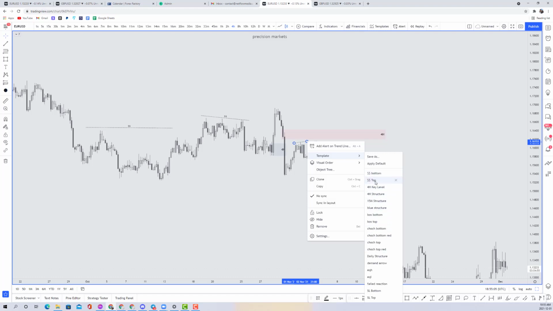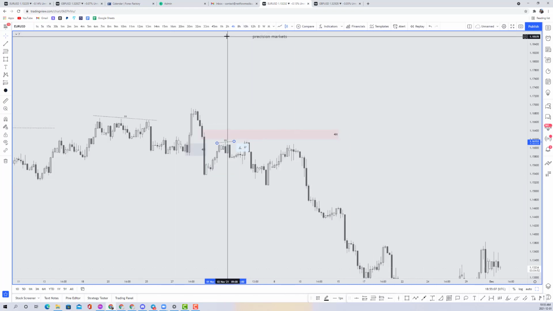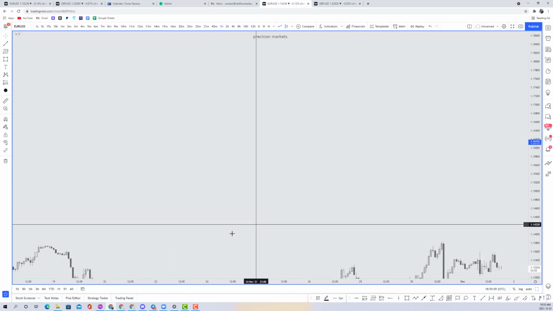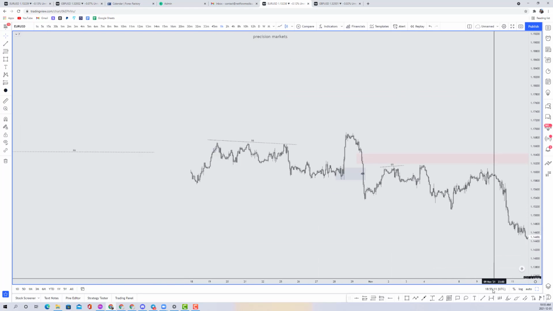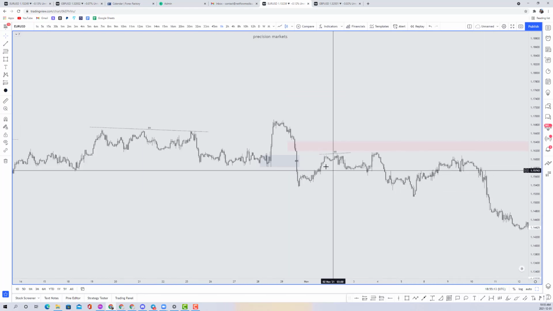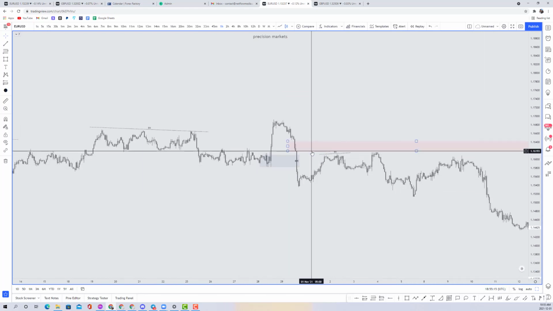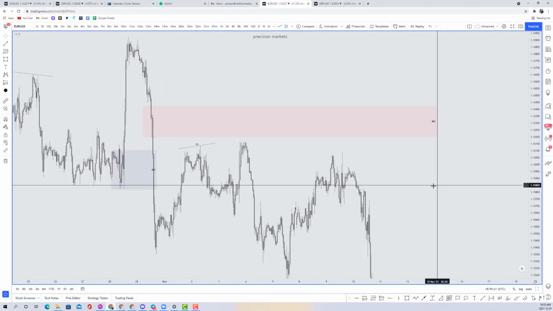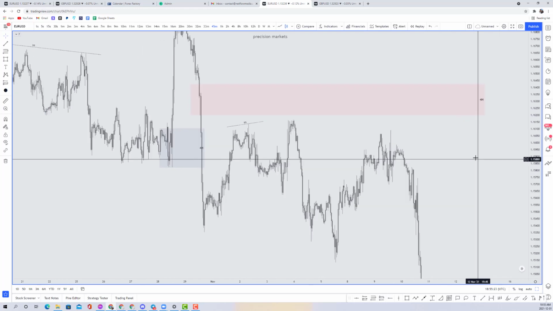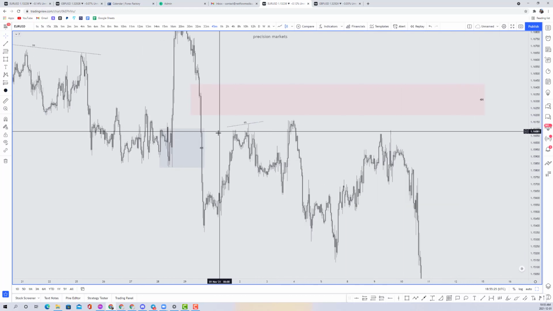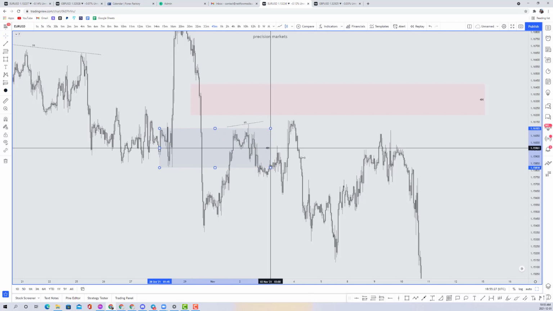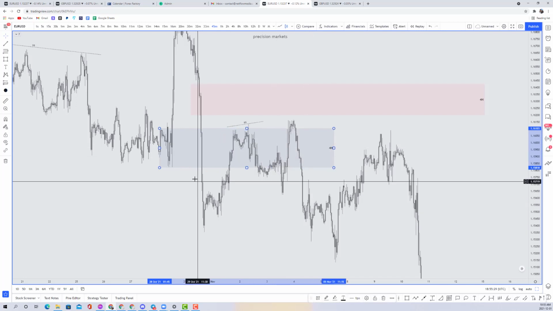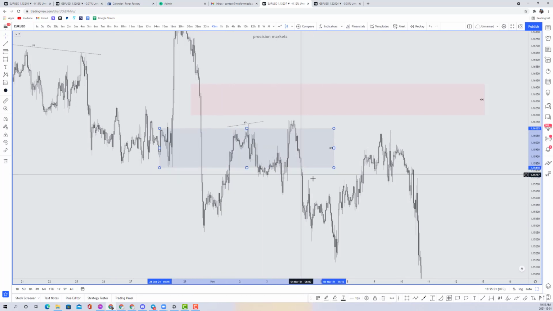Let's see. Since we're there, let's actually just check the 1 hour. So on the 1 hour, not so much the 1 hour. I guarantee you there's something there on some time frame. Somewhere. There it is, actually. It's our breaker block that ended up holding.